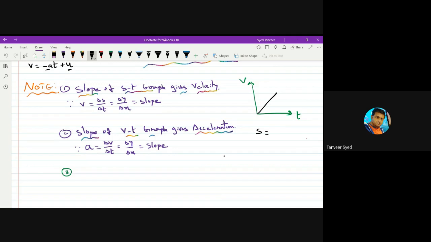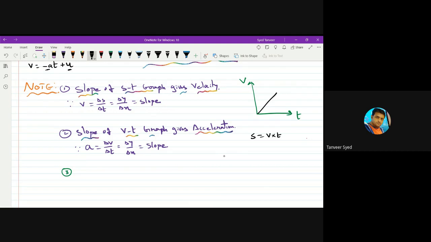How can we get displacement? What is the formula for displacement? Relation between displacement, velocity, and time. Displacement S is equal to V into T, velocity into time.